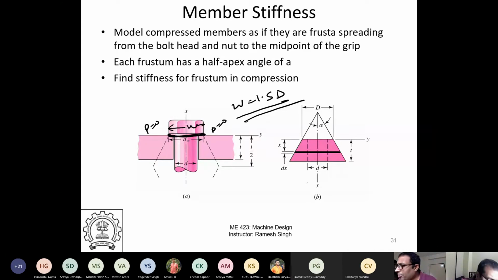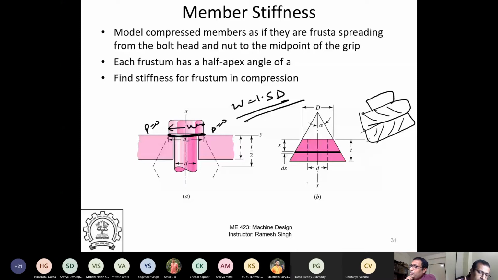Now tell me how the pressure will vary from the bottom of the bolt. Where do you think the pressure is maximum? At what location? Any answers? I'm tightening these two members. Let's assume, right? I have this layer 1 and layer 2.